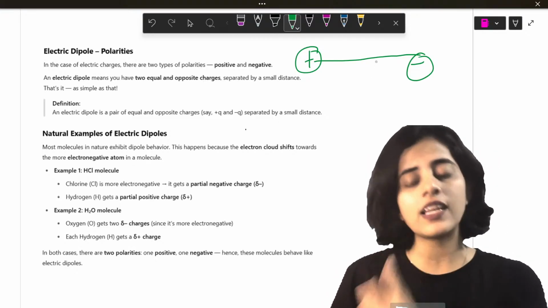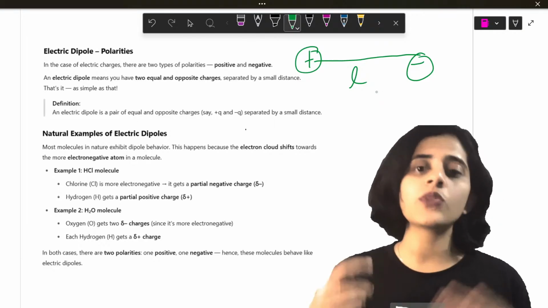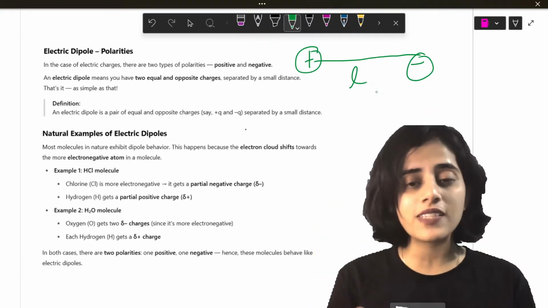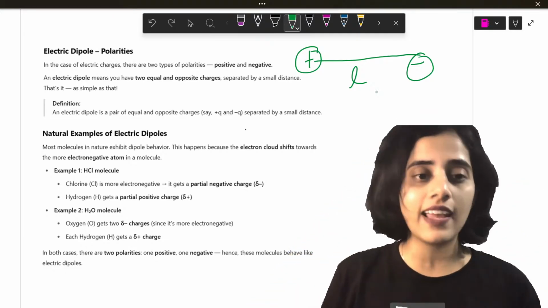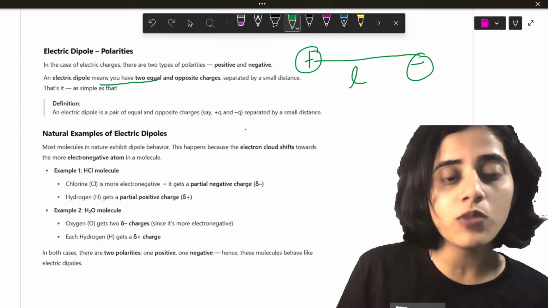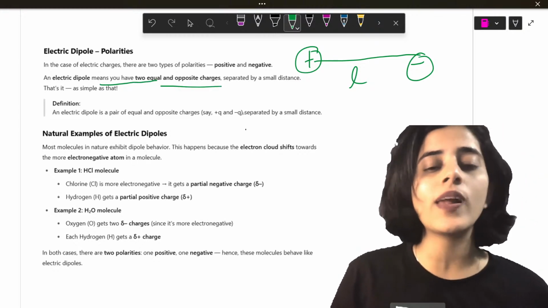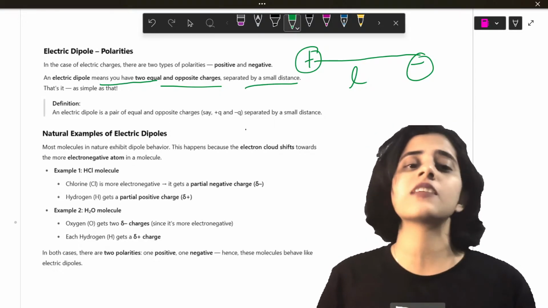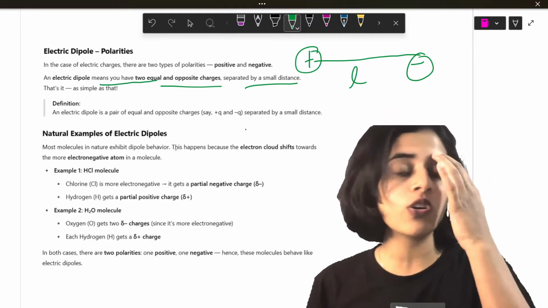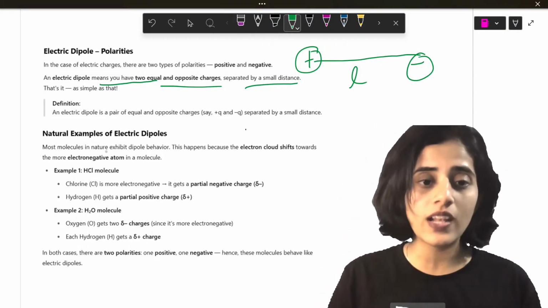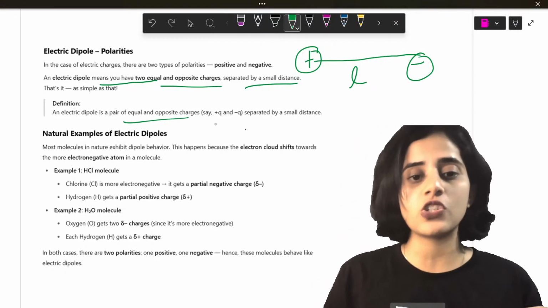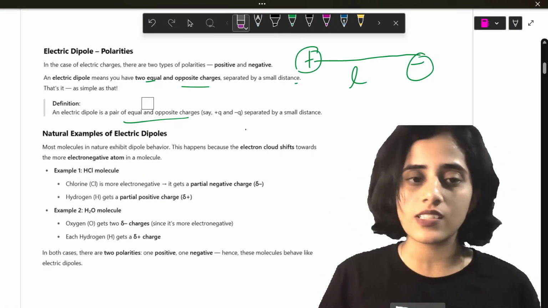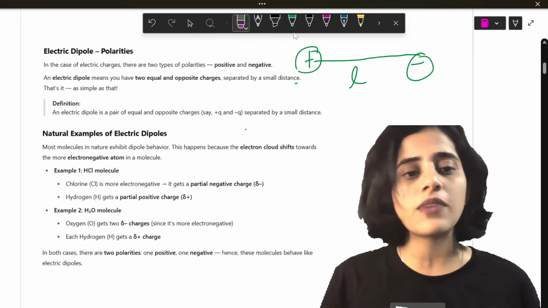Let the distance be L. Now this is a dipole because it has two equal and opposite charges separated by a distance L. So a dipole means two equal and opposite charges separated by a small distance. It's a very simple concept. A more precise definition: it is a pair of equal and opposite charges, say plus q and minus q, separated by a small distance.